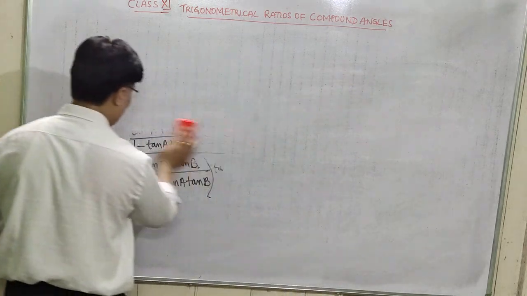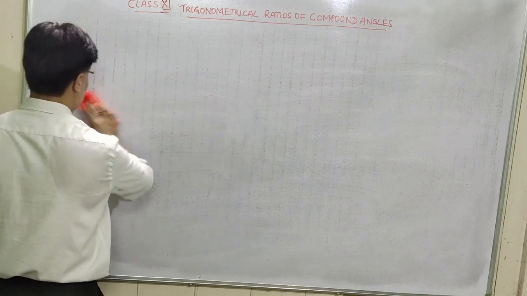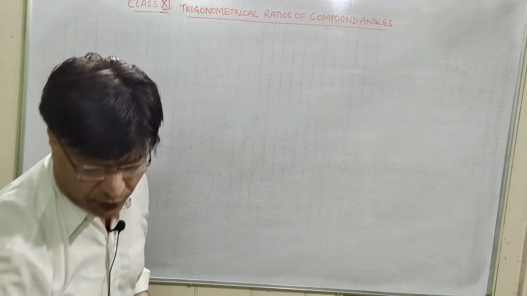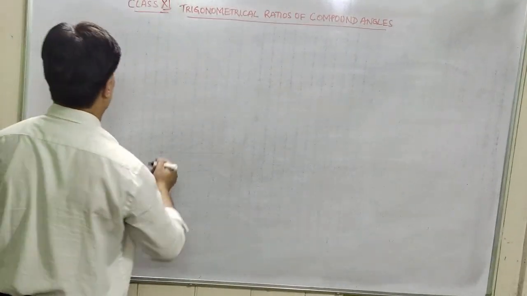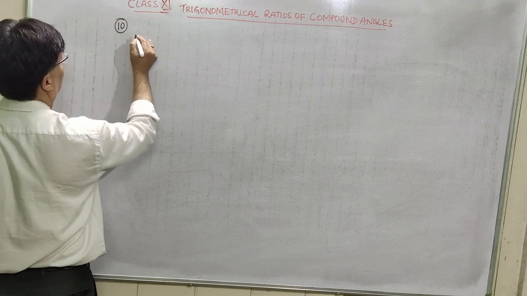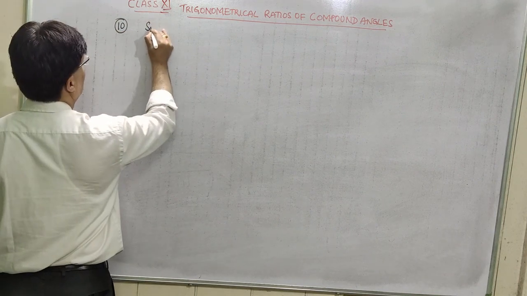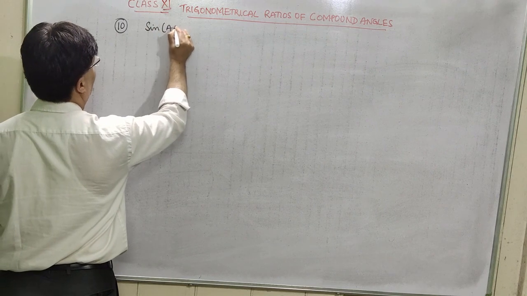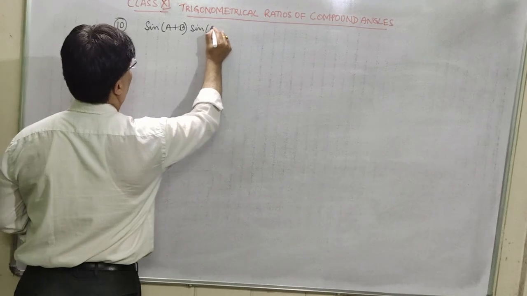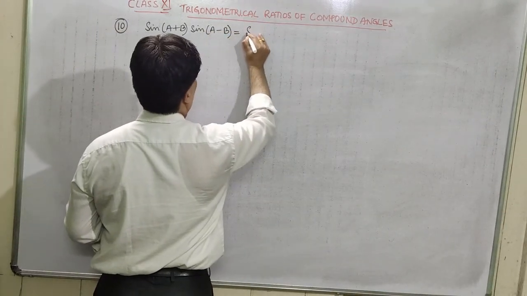So could you remember formula number 10 and 11? Let us write down the formula first, then we will prove it. Okay. So formula number 10 was sine of A plus B into sine of A minus B is equal to, what was the formula?